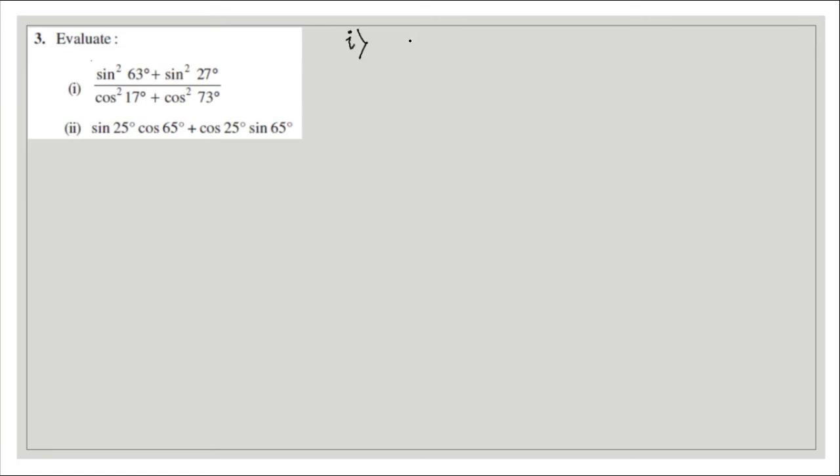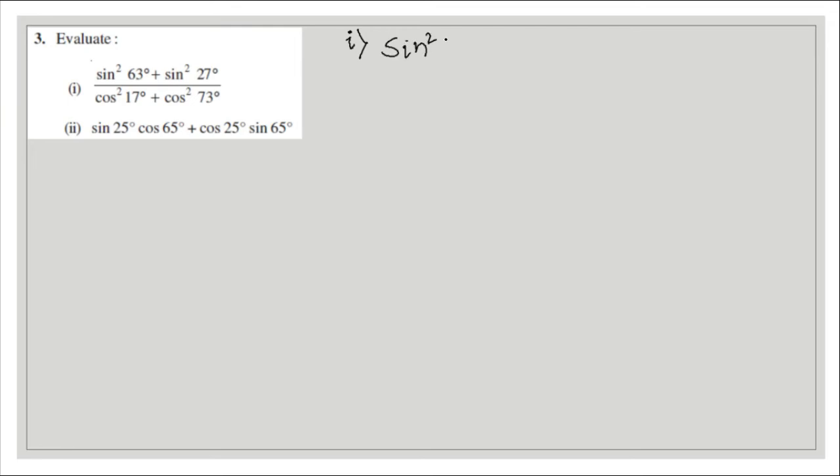In the first one, they have given sine square 63 plus sine square 27 divided by cos square 17 degree plus cos square 73 degree. I'll make use of the complementary relation.